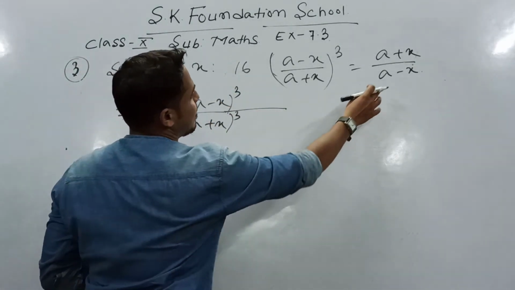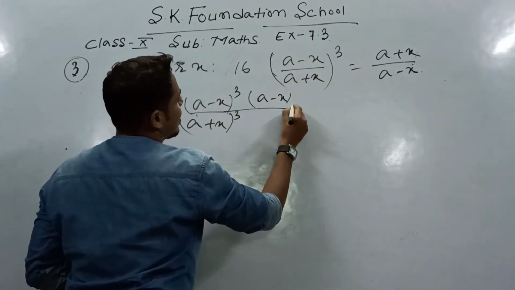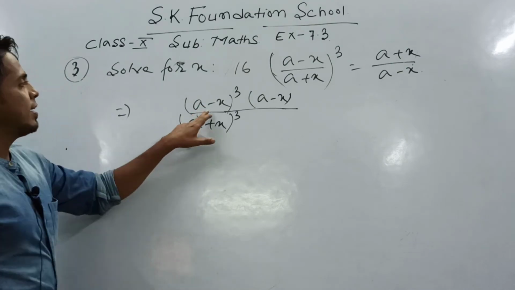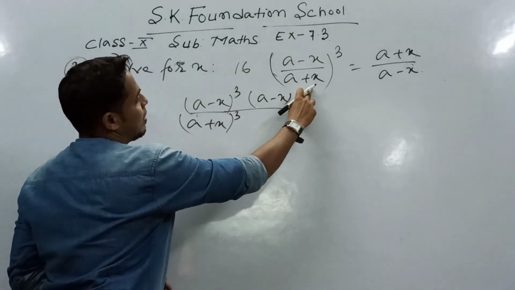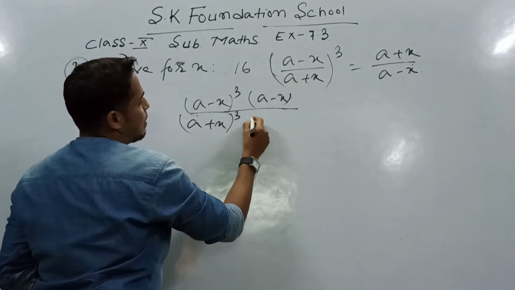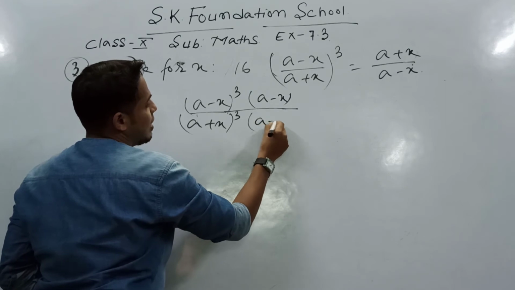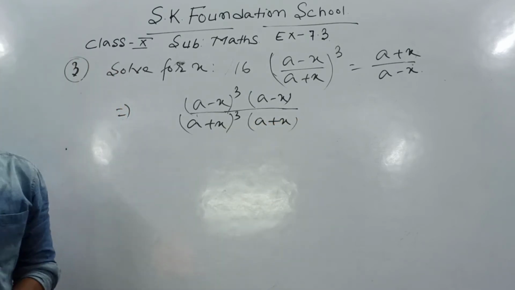If I multiply this part with this, it looks like a minus x whole cube into a minus x, and this one is already in a plus x cube form, and if we multiply this a plus x with this part, it looks like a plus x cube into a plus x, right?